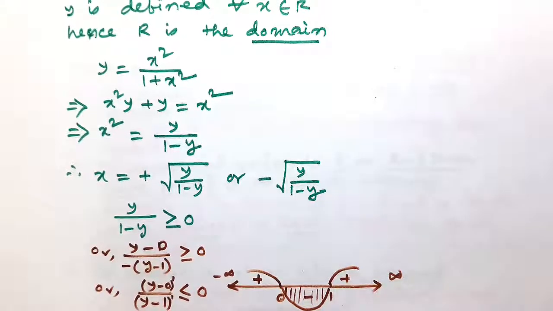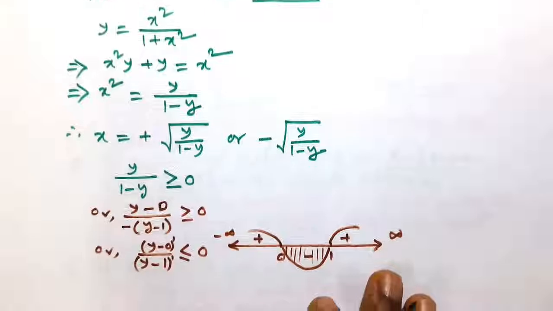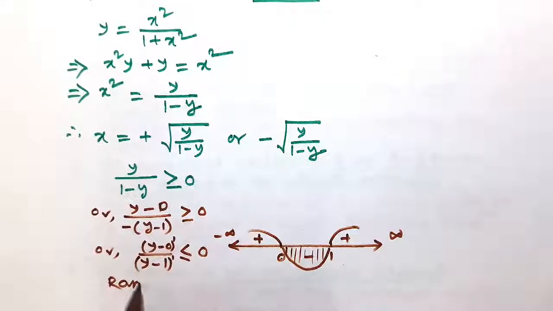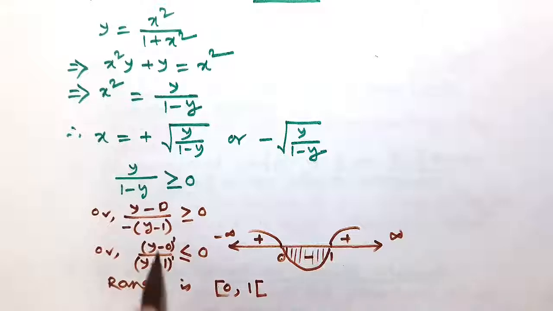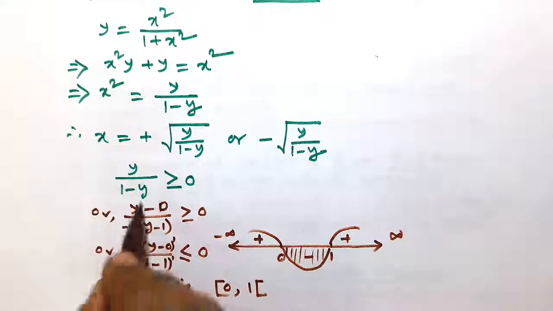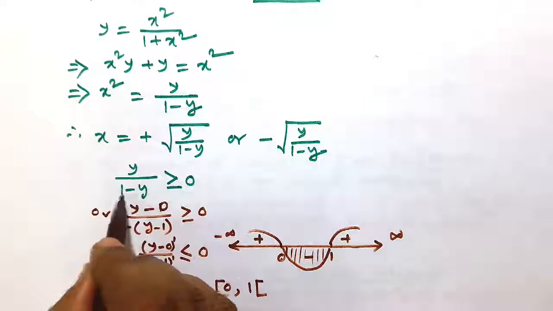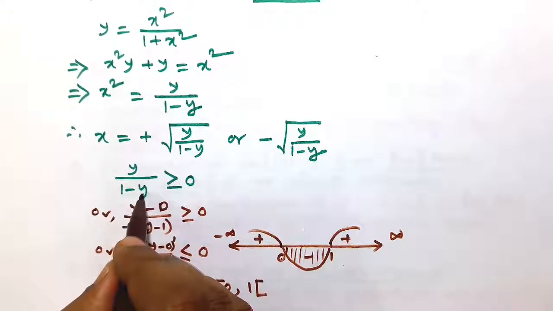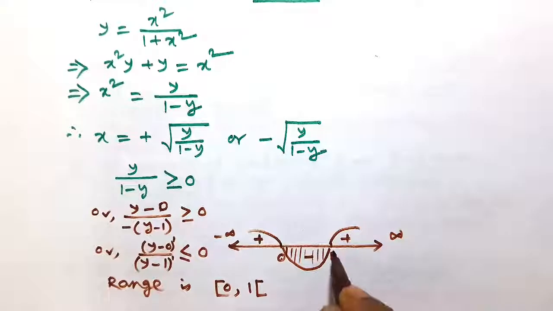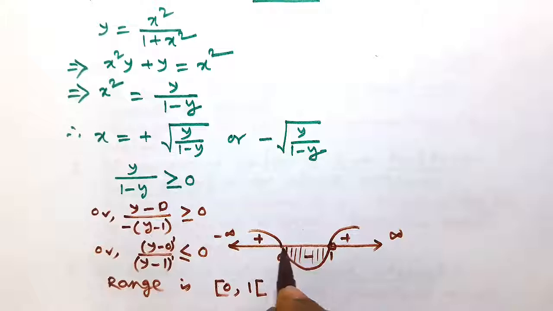So the range is from 0 to 1. 0 is closed but 1 should be open, because if you put y is equal to 1, then 1 minus 1 is equal to 0, and y by 0 is undefined. So you have to discard this 1. So the range will be from 0 to 1, with 1 excluded.